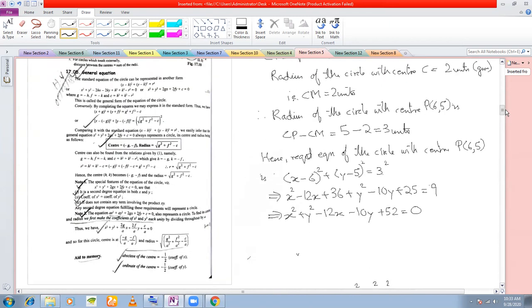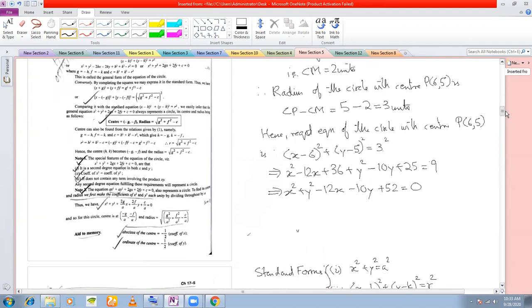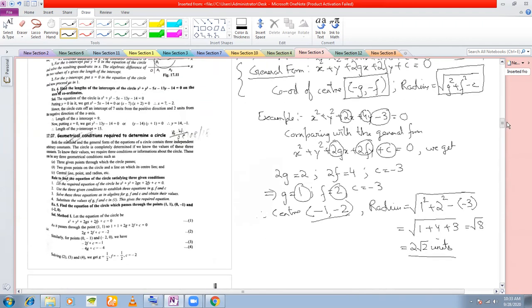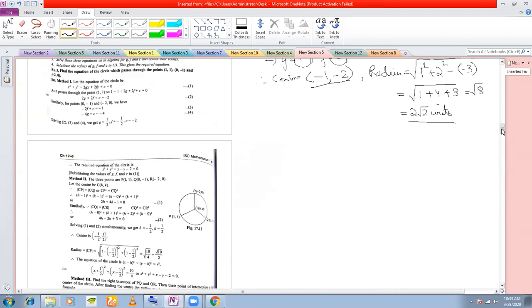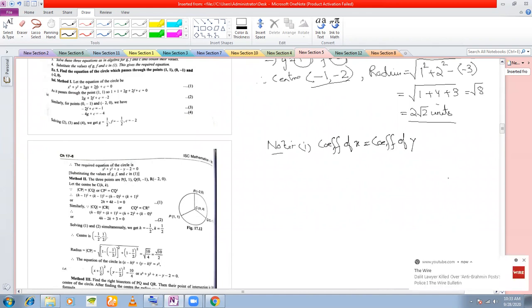Now what you must see in the general form, first of all, is that the coefficient of x square and the coefficient of y square are equal, not necessarily 1. Both are equal.